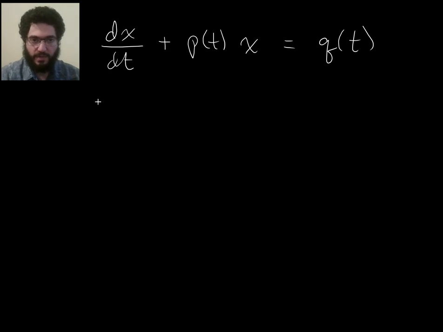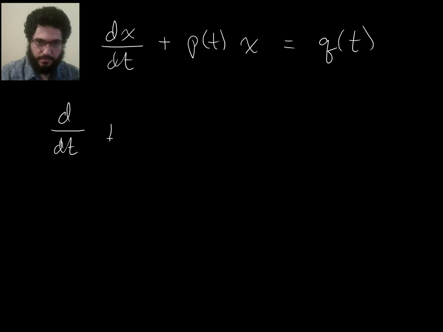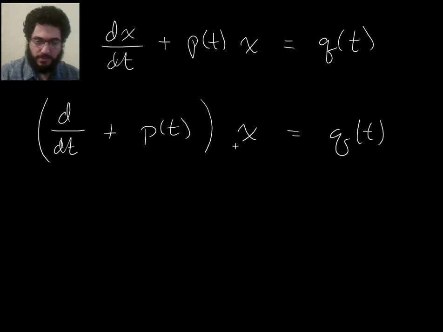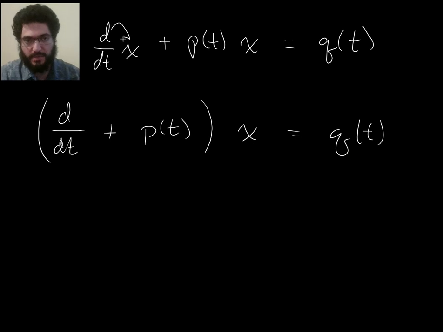Now, here's another way of writing it. So I want you to think of, let me write this d dt a little bit differently. When I write dx dt, the way to think about that is that x is a function, and d dt is a derivative operator that's getting applied to the function. So on the left-hand side, here I have a derivative operator getting applied to the function.